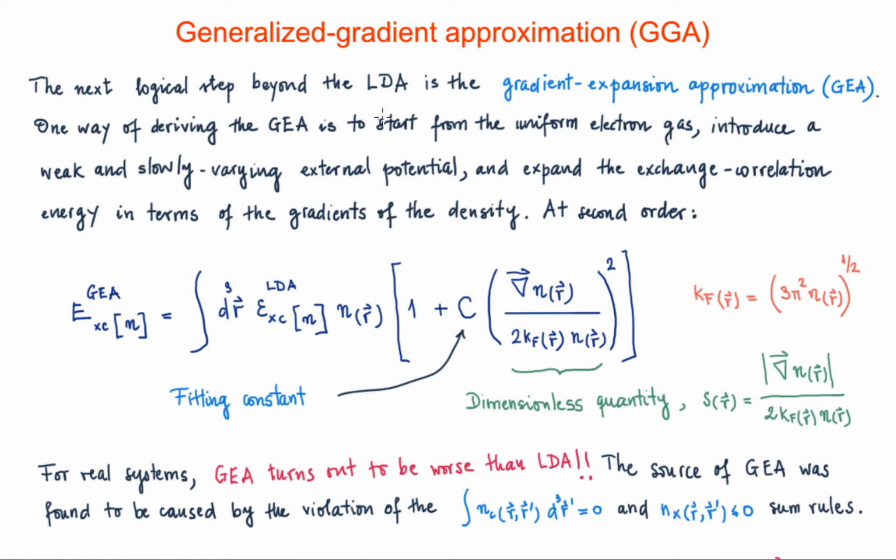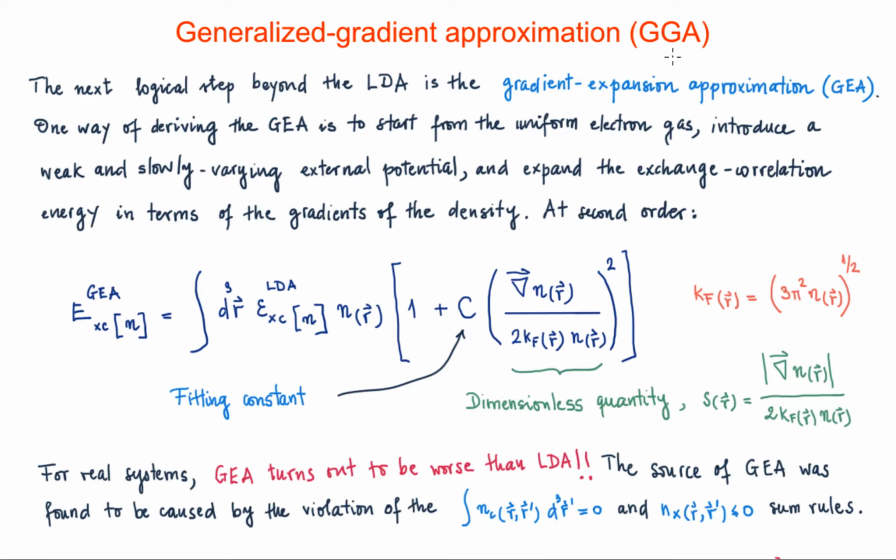And a step further from the LDA, in order to have good approximations for the exchange and correlation energy, is what's called the generalized gradient approximation, or GGA.